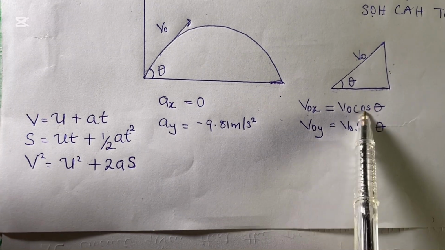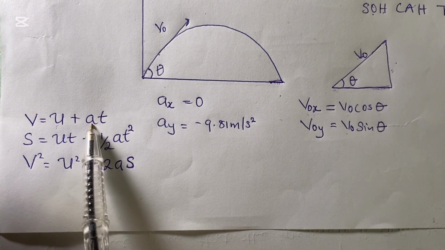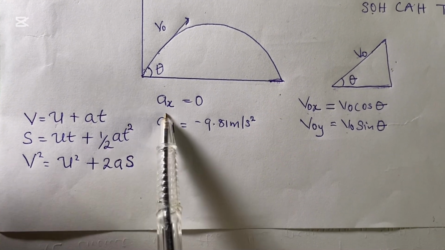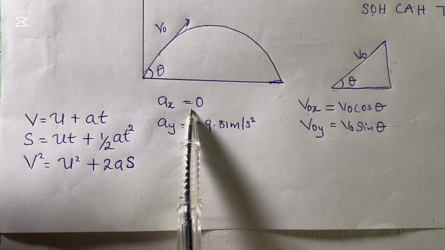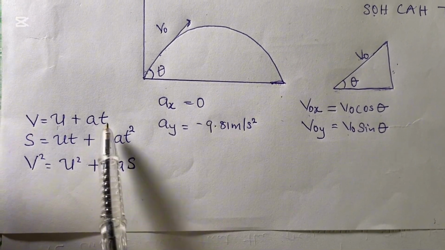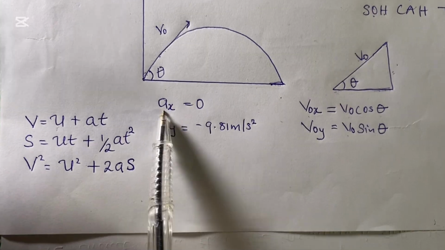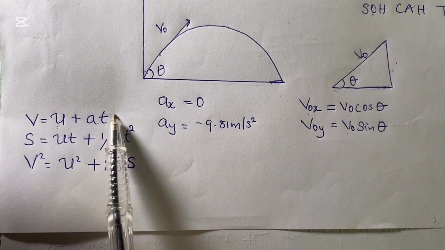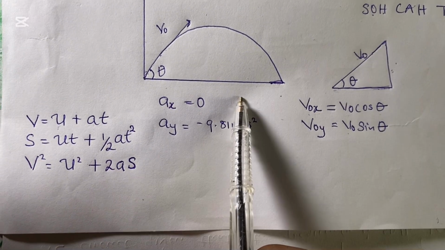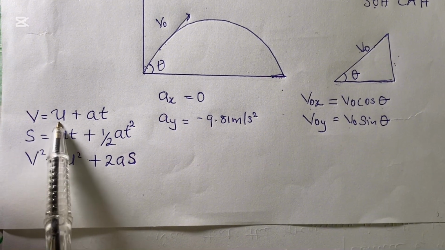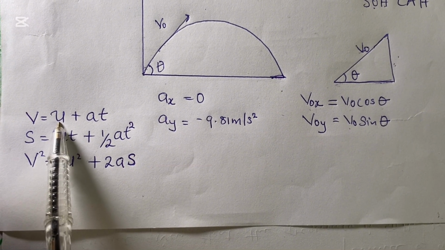Remember how we got this? Now this becomes the acceleration on the x-axis, and we have defined that our acceleration on the x-axis is 0, so this will be equal to 0. This is the time taken, and once this is 0, this is cancelled. So it means that for the x-axis, your final velocity is equal to your initial velocity.